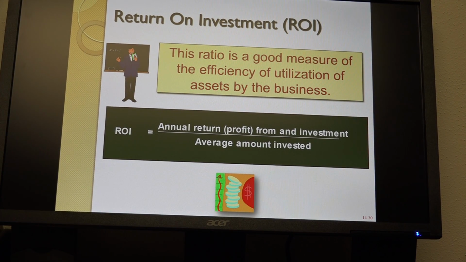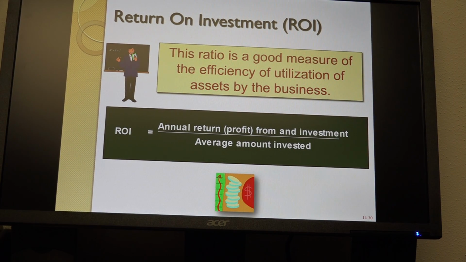They have return on investment as annual return over average amount invested. And if you notice, return on assets is operating income over average total assets. Well, it's just two ways of saying the same thing. So ROI and ROA are exactly the same ratios.